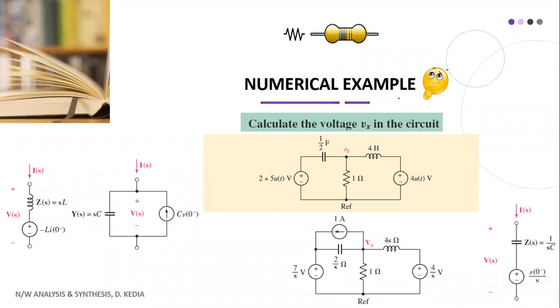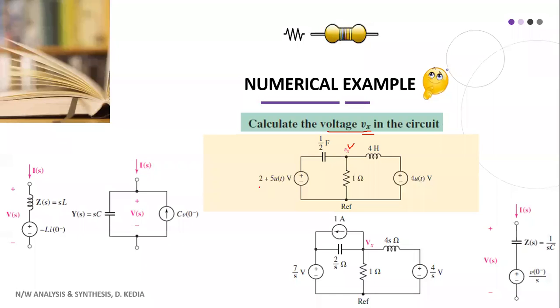Dear students, now we will look at one more example that will further reinforce our concepts. In this example, we have to calculate the value of the voltage Vx, which is this nodal voltage. Again, we will see how Laplace transform makes our life easy when we analyze circuits.